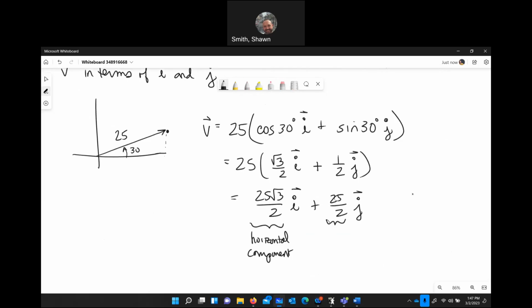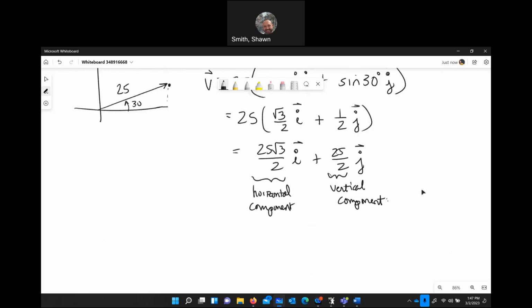So this is your vertical component. The sum of those two vectors gives you the diagonal of 25 miles per hour. So if you want to see how much of the initial speed is horizontal and how much is vertical, there are your two values right there.